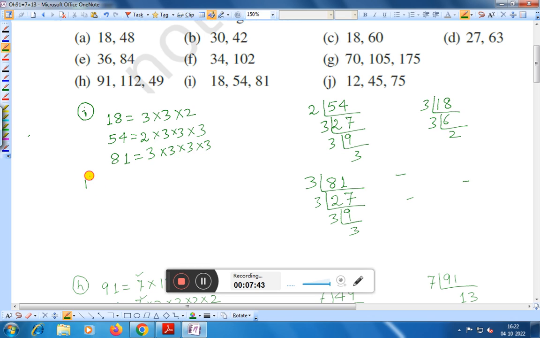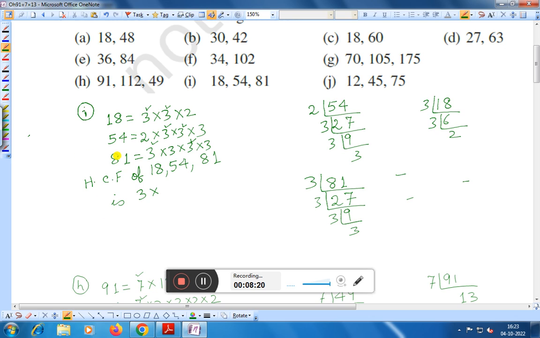Now the HCF of 18, 54, and 81: what is common, you see? 3 is common in all three, and another 3 is also common.